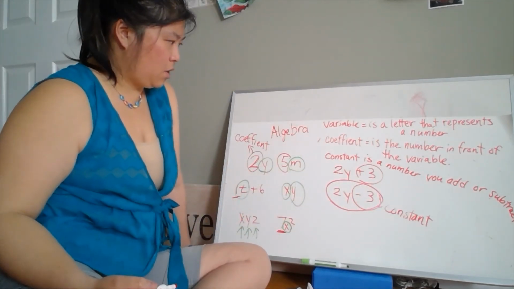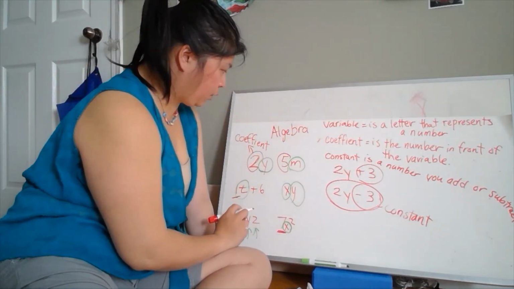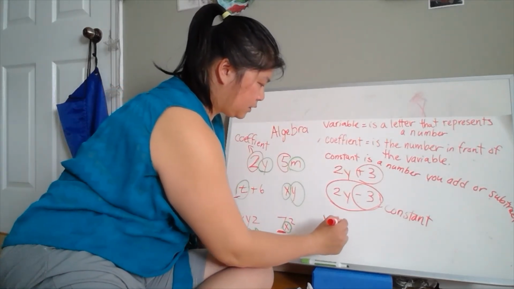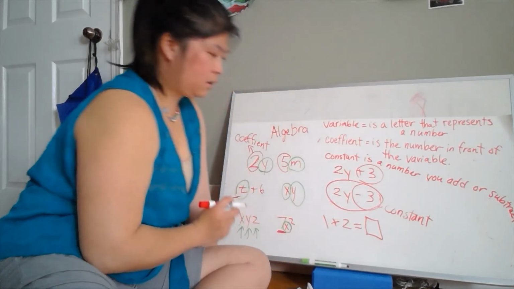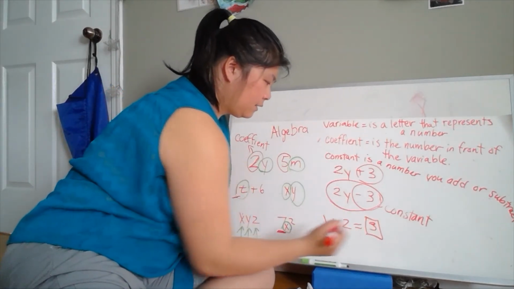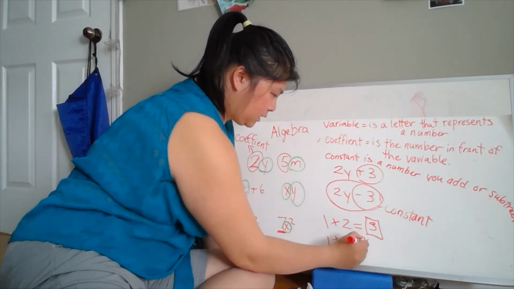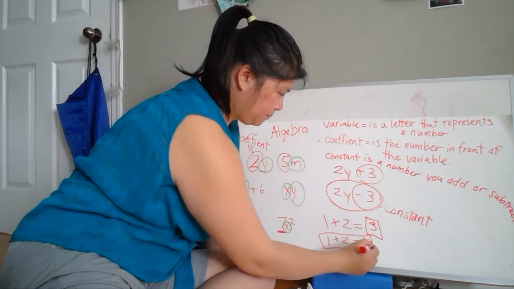When it becomes an equation is when we did 1 plus 2 equals the box, which is 3. 1 plus 2 equals x. This is called an equation.